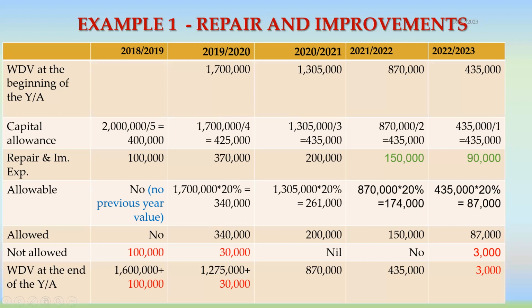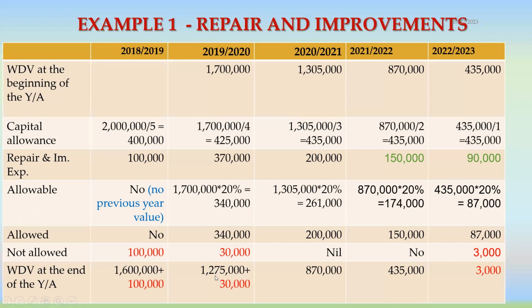So what we have to do is add this not allowed amount to the current year written down value, not the previous year depreciation amount. The current year written down value means after deducting this 425,000 from 1,700,000.